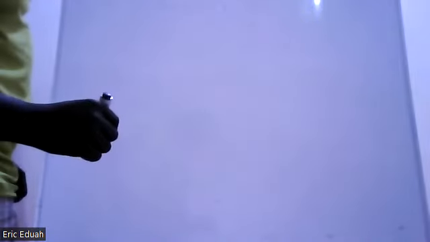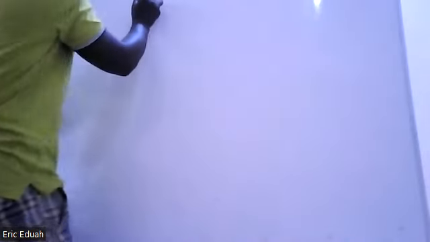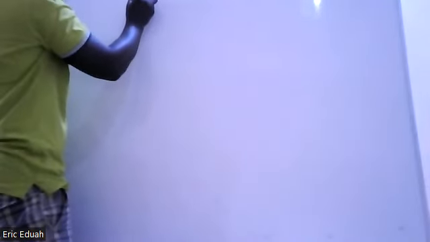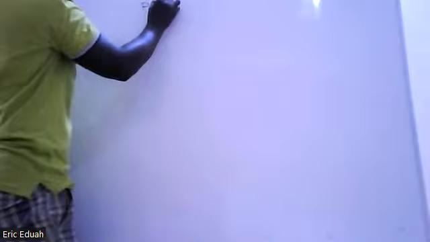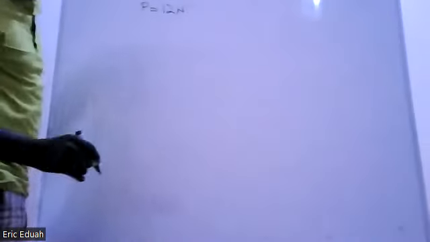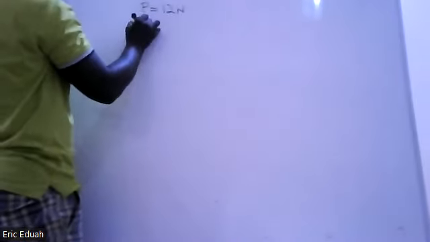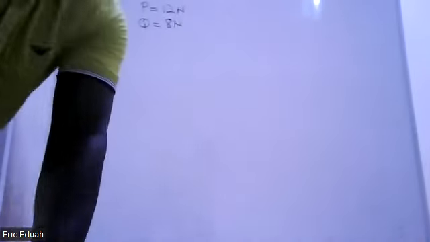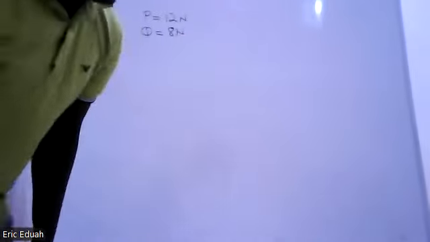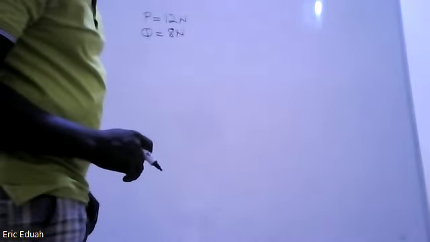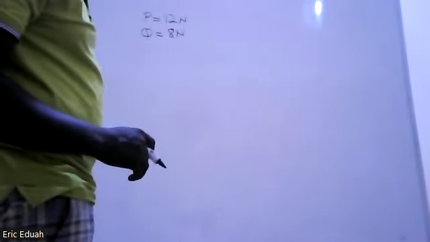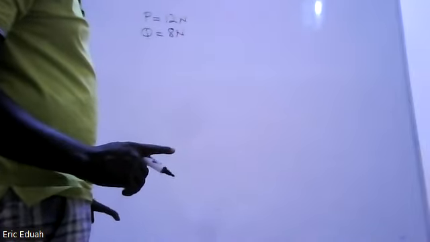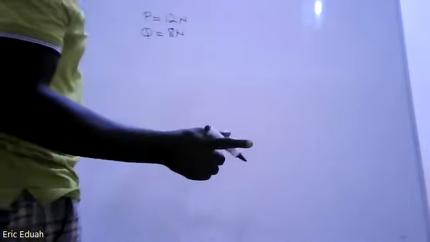So we have two forces P and Q of magnitude 12 and 8. P has a magnitude of 12 newtons, Q has a magnitude of 8 newtons. First, calculate the magnitude and direction of the resultant of P and Q if they act in the same direction.